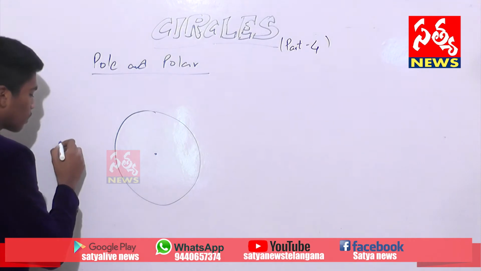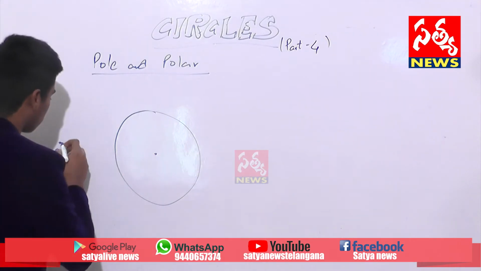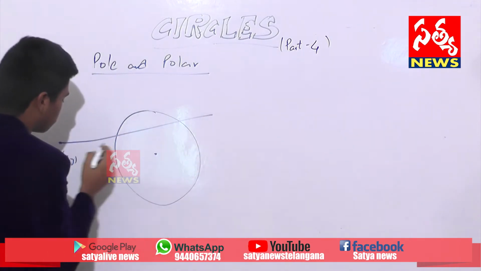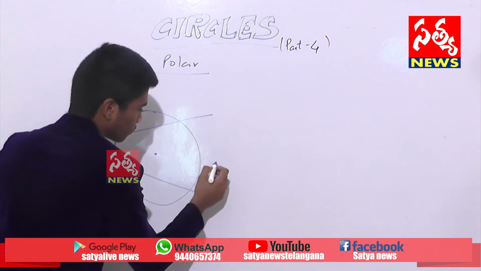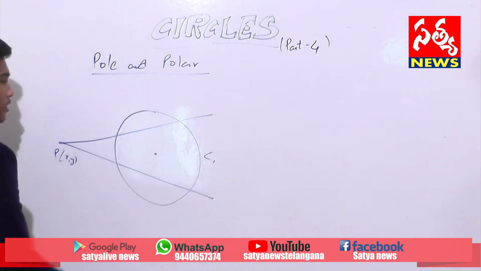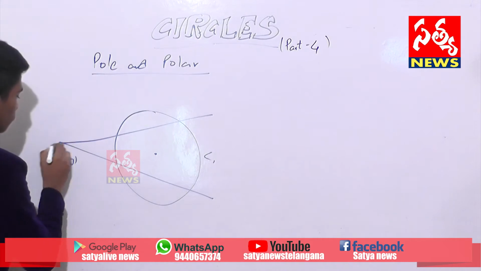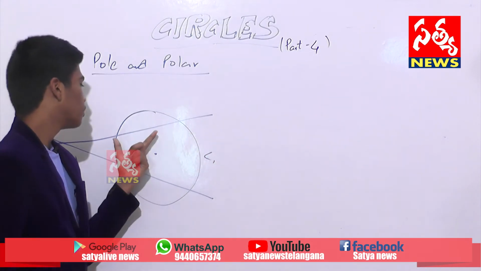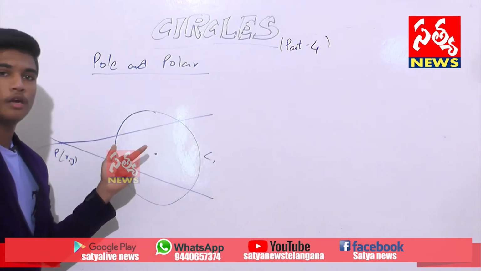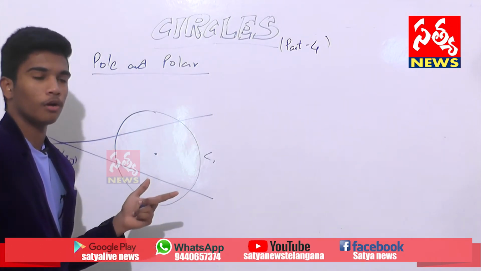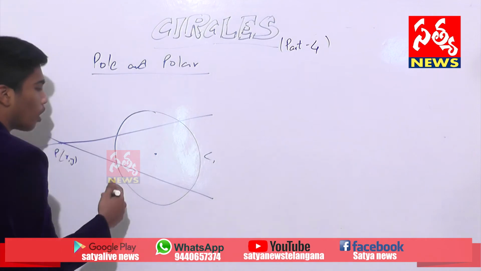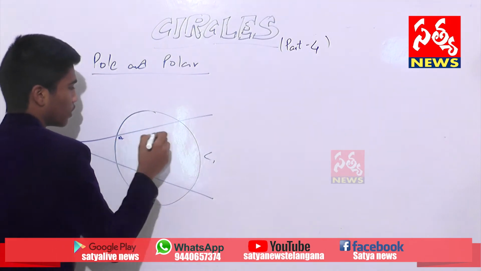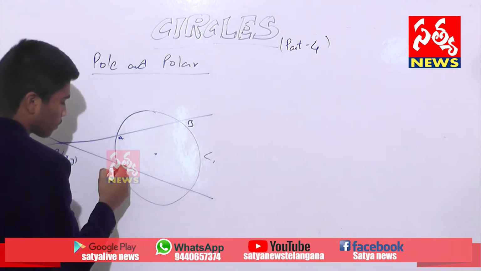Now, let's draw two chords from the point P to the circle C1. These are the two chords, right? The line which touches at 2 points of the circle is said to be a chord. Let's mark them as AB and EF.